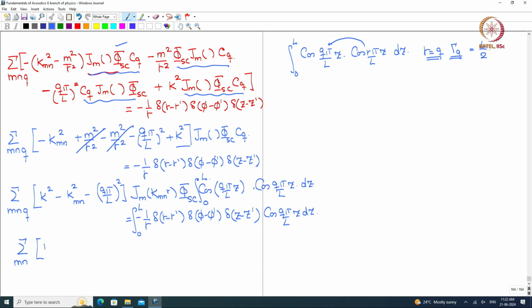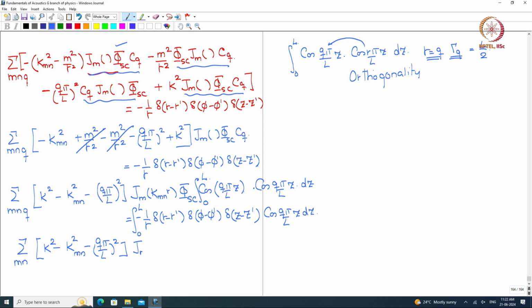So we get k square minus k square mn minus the qth term has been selected by this orthogonality. This is an orthogonality condition, unless q and r are the same, the value is 0. So we have picked the qth term.